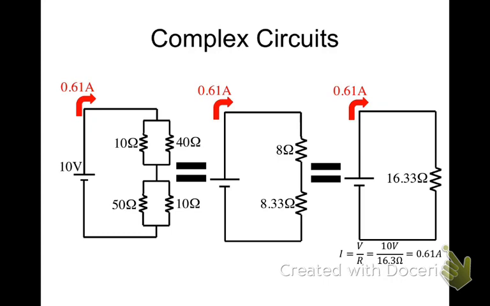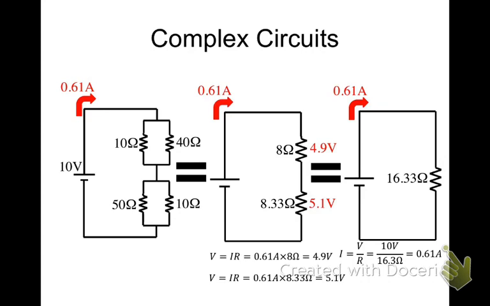Series is current. Okay, so it's still 0.61 amps, but it's through 8 and 8.3. That's 4.9 and 5.1 volts, respectively, right? So I say I times R and I times R gives me 4.9 and 5.1. When I add those two up, I get 10, which is the battery voltage, so I know I'm good there. So I know I've got 4.9 and 5.1 volts.